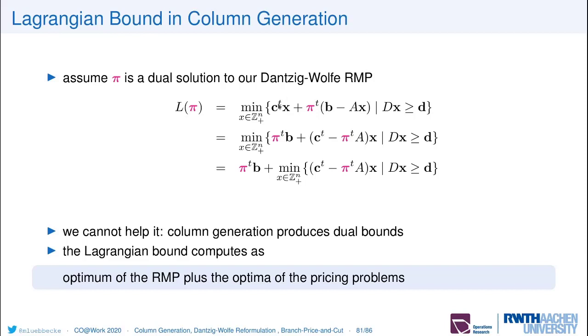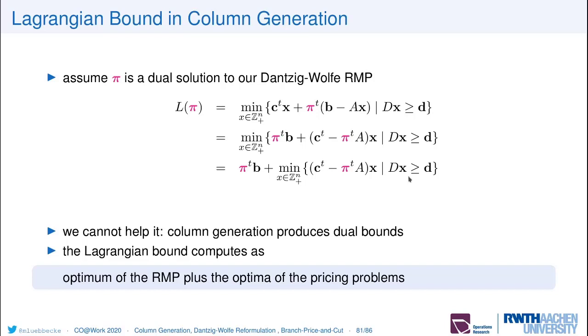Okay, because here is what the Lagrangian dual function looks like. And if we rearrange terms a little bit, so just press pause and take your time to check that this is a correct rearrangement here, what we arrive at is the dual objective function value plus, and if you look at this here, this is how our pricing problem looks like. We are minimizing in integers over this set of constraints.